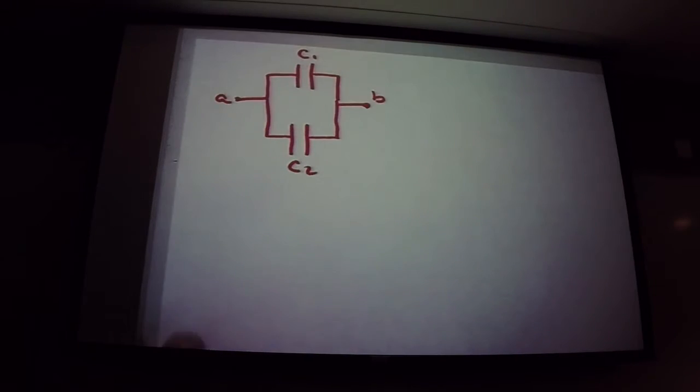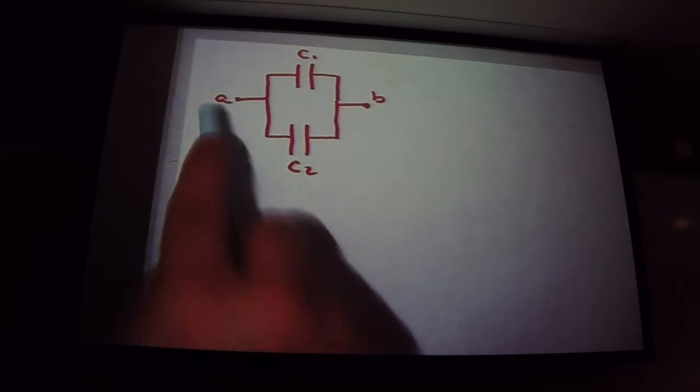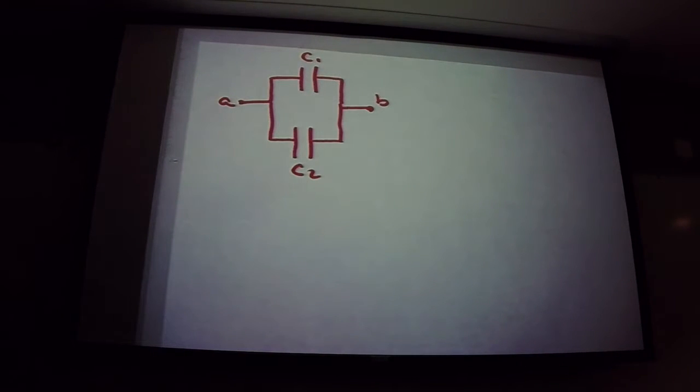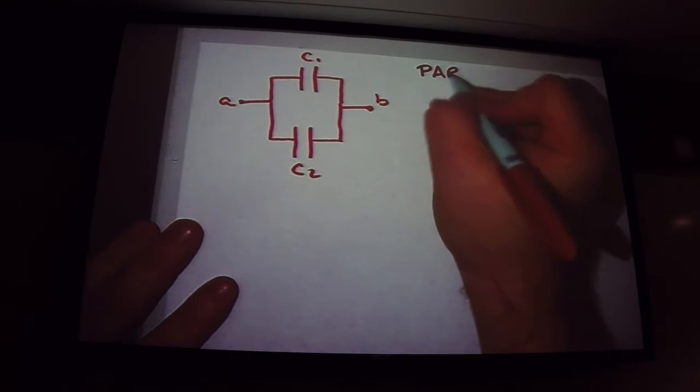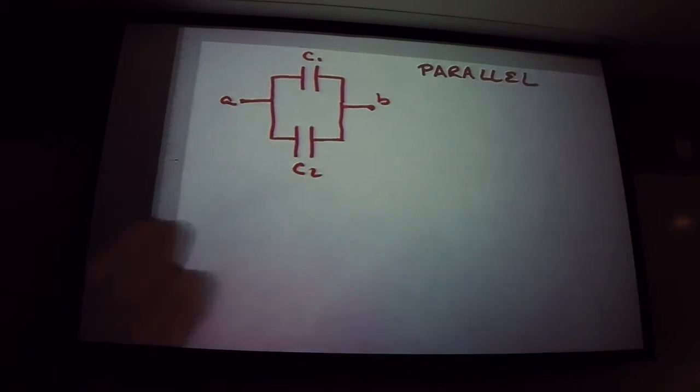So in this top case here, if I'm going from point A to point B, I could go through C1 or C2. Through C1 or through C2, then I get to the other side. Such a circuit where you could go through either circuit element to get from one side to the other is referred to as a parallel circuit. That's a parallel circuit.